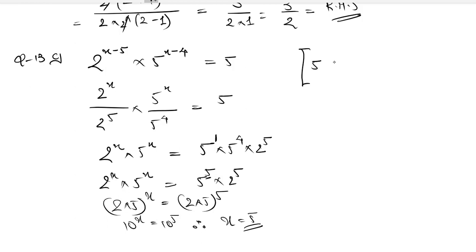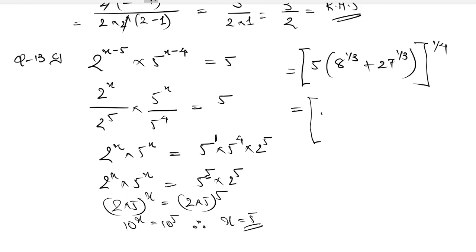5 bracket 8 raised to 1 by 3 plus 27 raised to 1 by 3, the whole raised to 1 by 4. Okay, what is 8 raised to 1 by 3? It is 2 cube raised to 1 by 3 plus 3 cube raised to 1 by 3. 27 is 3 cube, right?